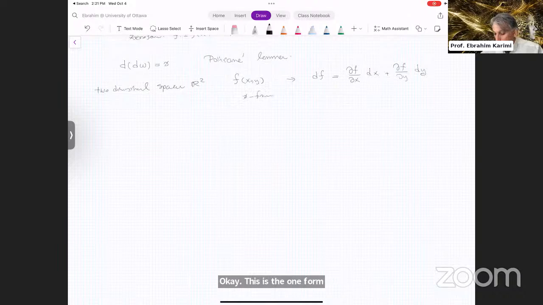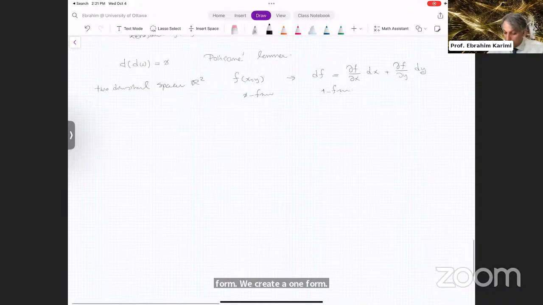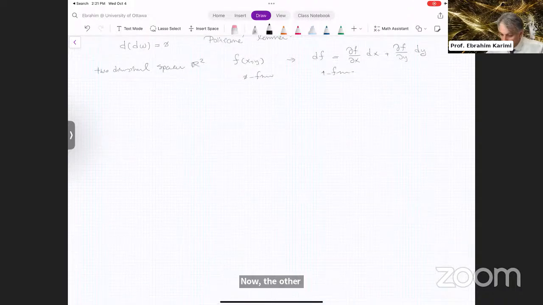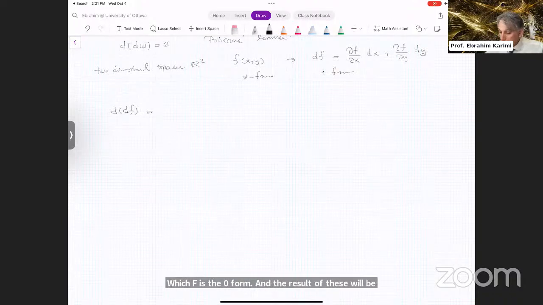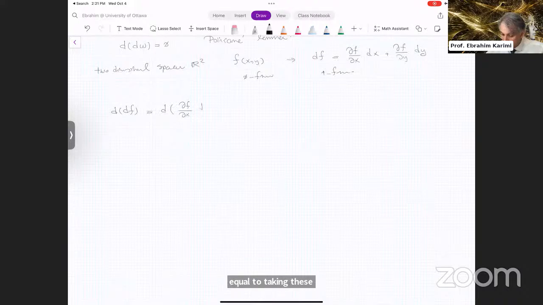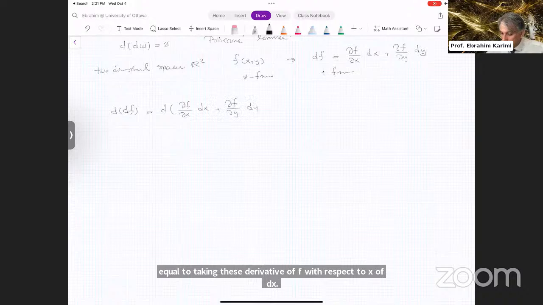Now the other thing that I can do is take the derivative of df, and the result will be taking the derivative of f with respect to x dx, f with respect to y dy.